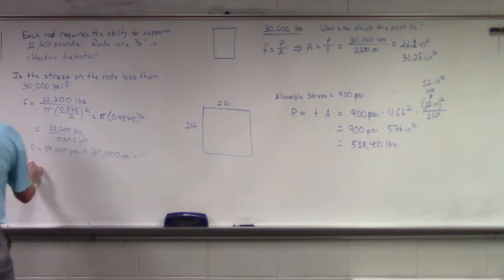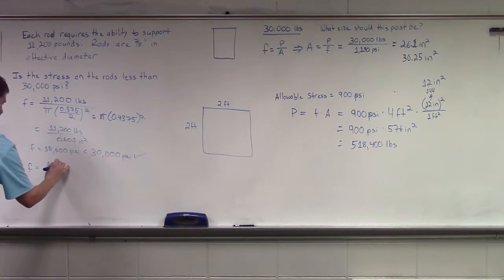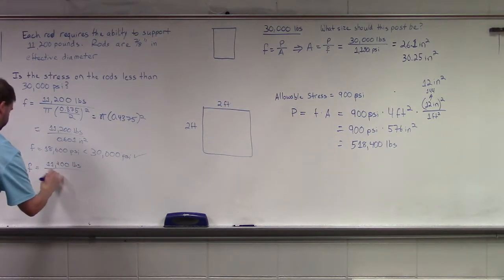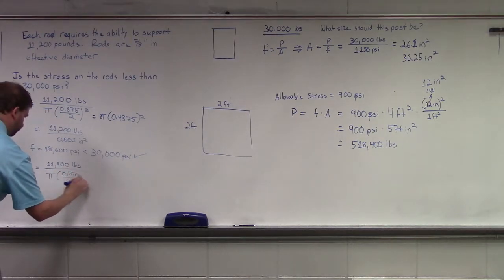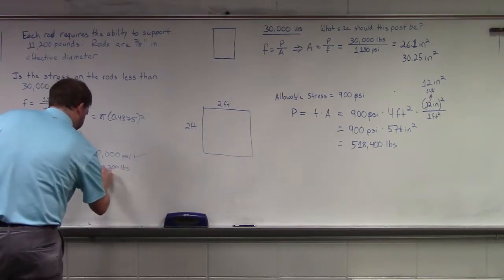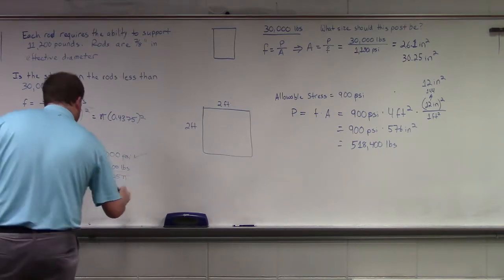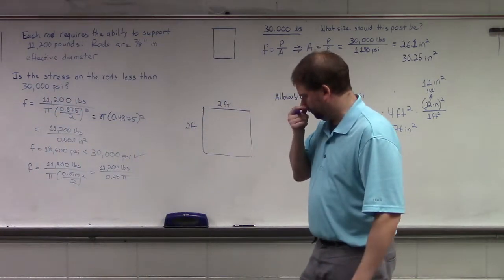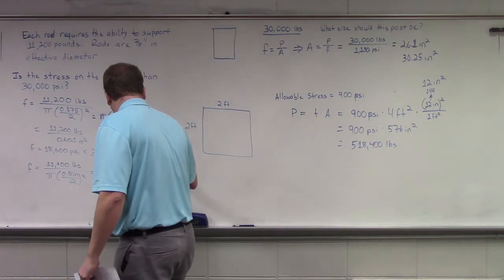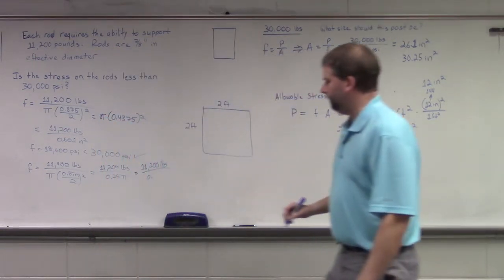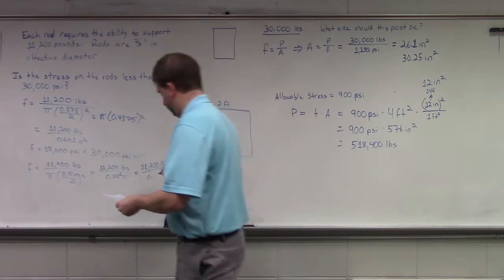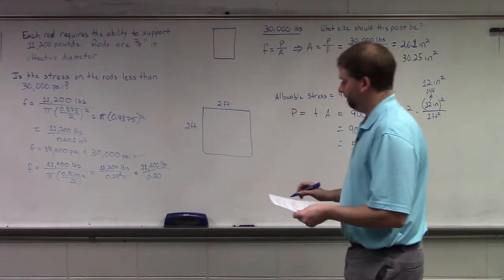What happens? 11,200 pounds divided by the area, 0.196, so round up to 0.2.